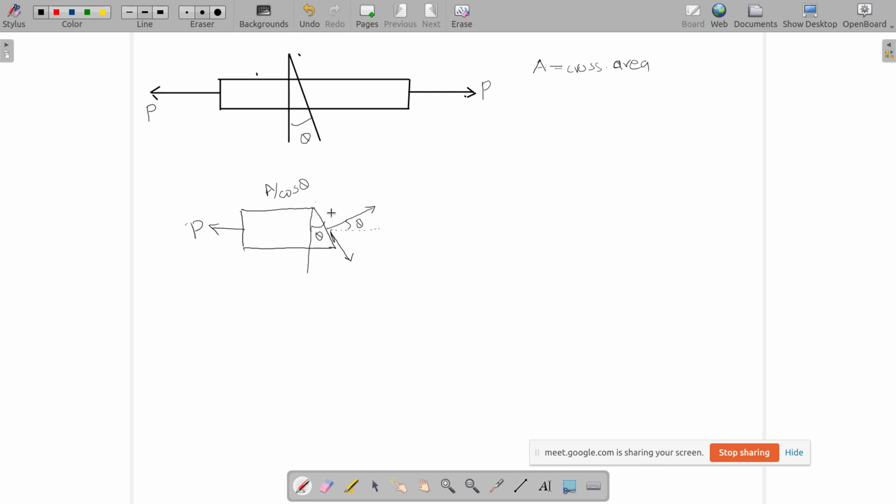Since this part is in equilibrium, the net force in each direction should be 0.